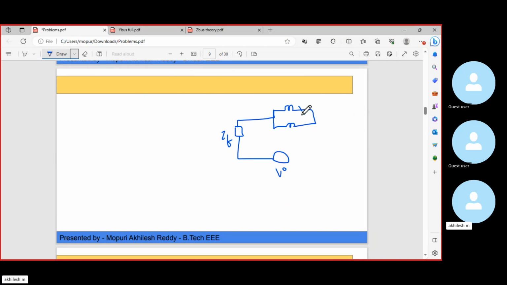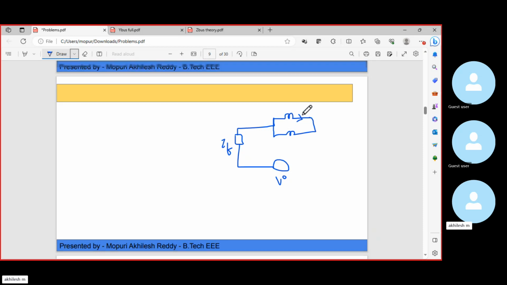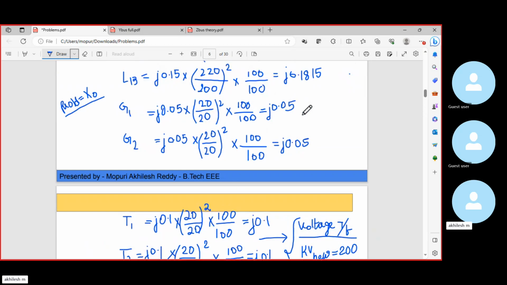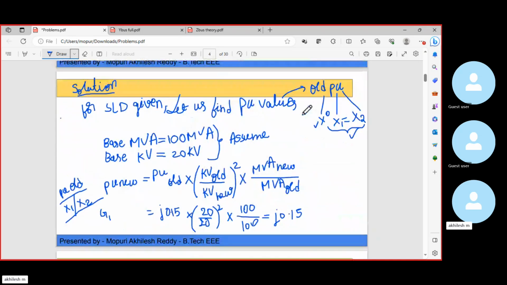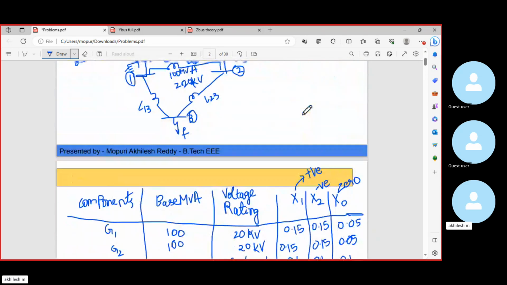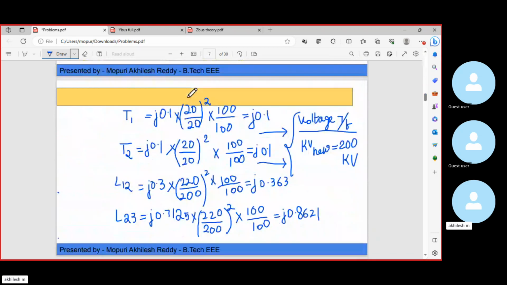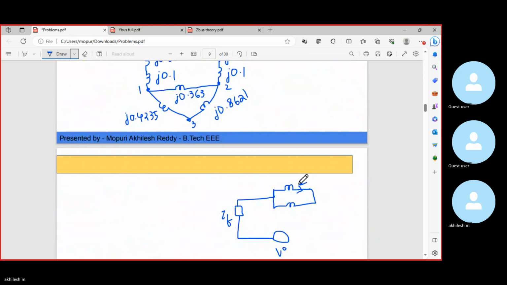We have two synchronous generators, alternators. The first branch should carry the current from generator 1, that is I1, and the second branch should carry the current from generator 2, that is I2.